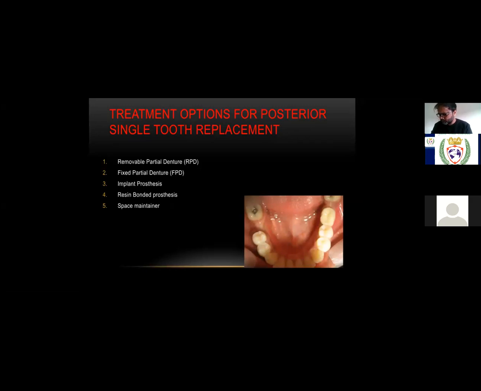Fixed partial denture, a 3-unit fixed partial denture is a conventional treatment approach, which many of us think of. Implant prosthesis we can plan. You can have a resin bonded prosthesis in some cases. And also if you don't want to do anything, you can maintain the space, if there is an active orthodontic treatment or due to some other condition, you can definitely have a space maintained.